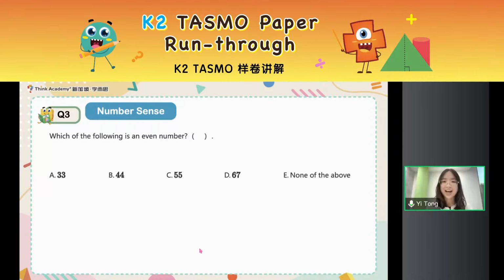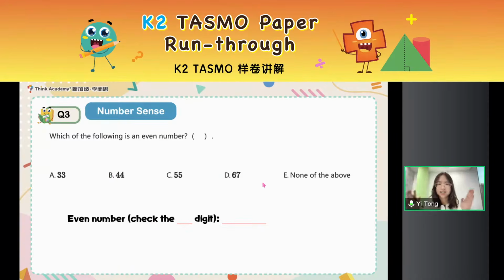Right. Now, we are going to reveal. So for even number, we want to check which digit. How do we know if a number is even number or an odd number? We always check the last digit. And what are they? Yeah, 0, 2, 4, 6, and 8. Let's look at the choices one by one.